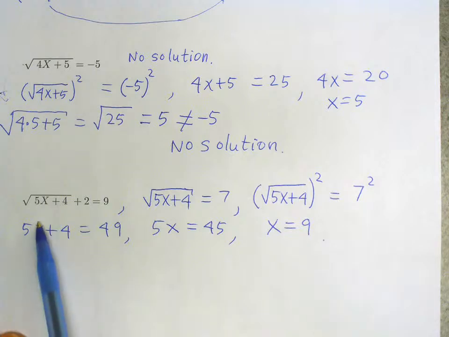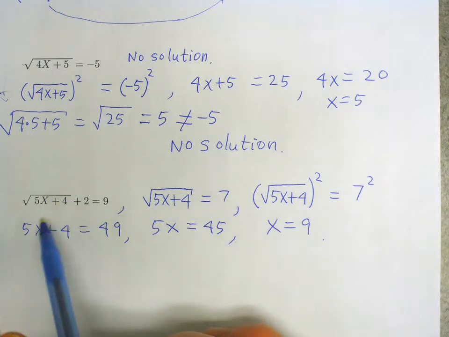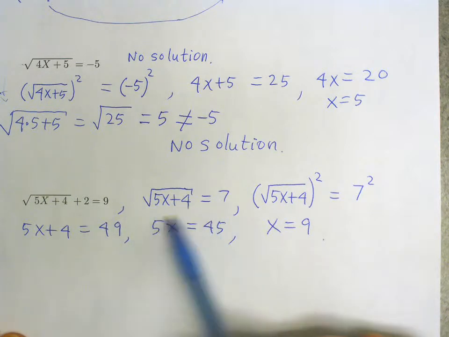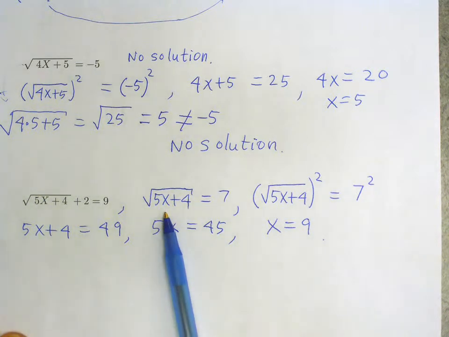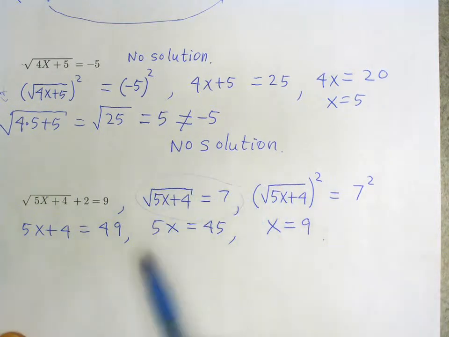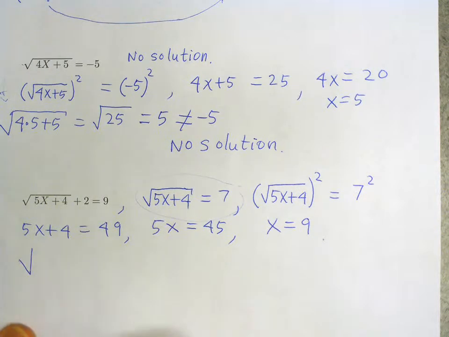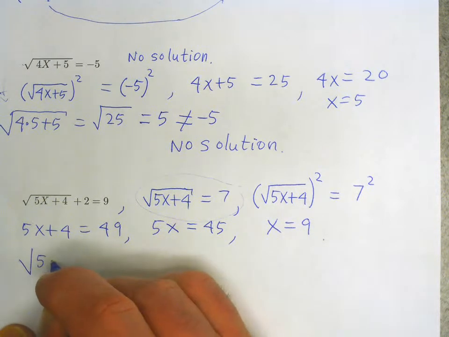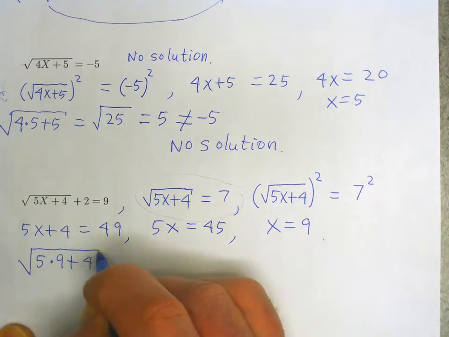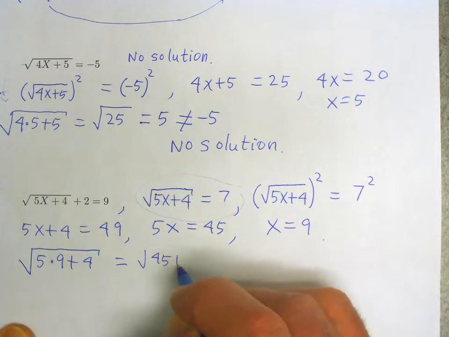So we'll go ahead and check it. We can check x equals 9 in either the original equation or this second one that we got when we isolated the square root. So I'll just check it in this one. Replace x with 9. So we have the positive square root of 5 times 9 plus 4, which is the positive square root of 45 plus 4.